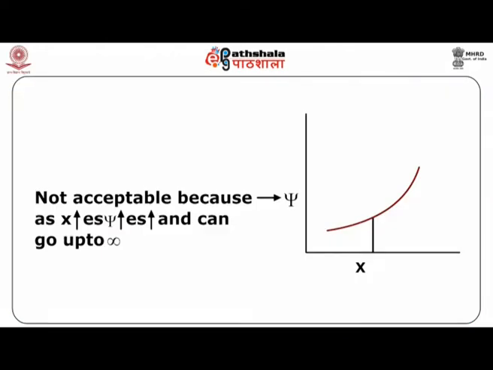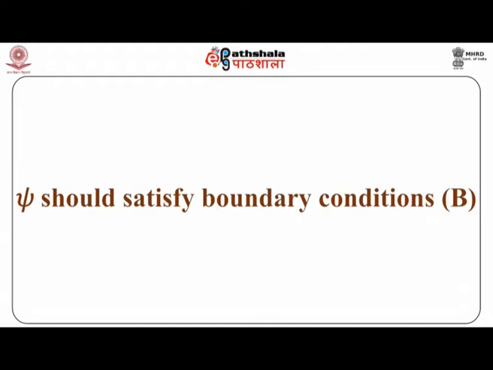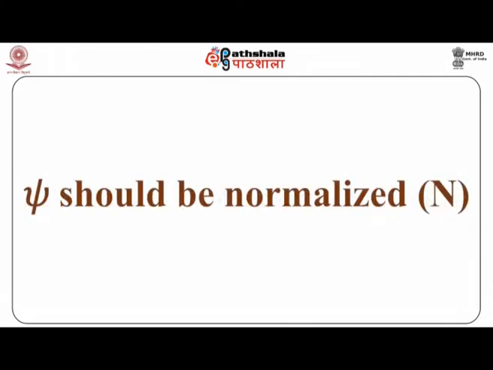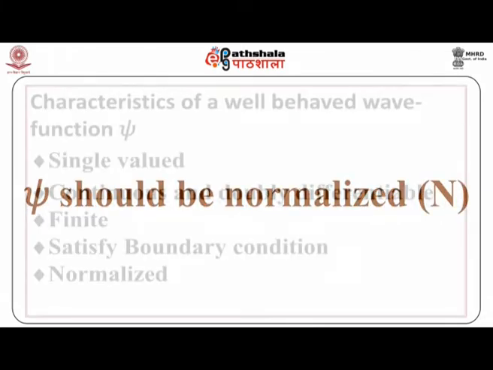The third condition which the wave function must satisfy is that it should be finite. Nowhere should it approach infinity, because that would be absurd. As we have already discussed, the wave function is always calculated in the light of the boundary conditions, so it should satisfy boundary conditions and it should be normalized as well.